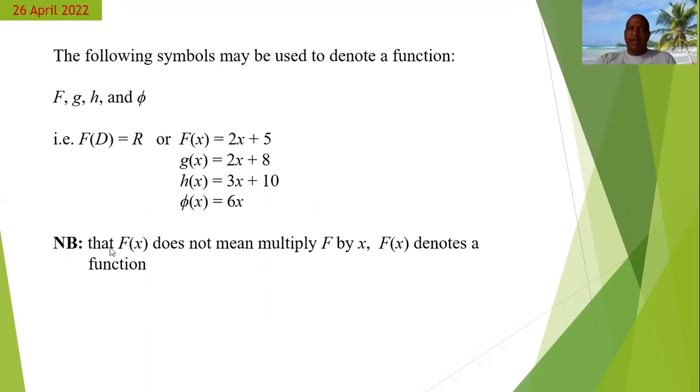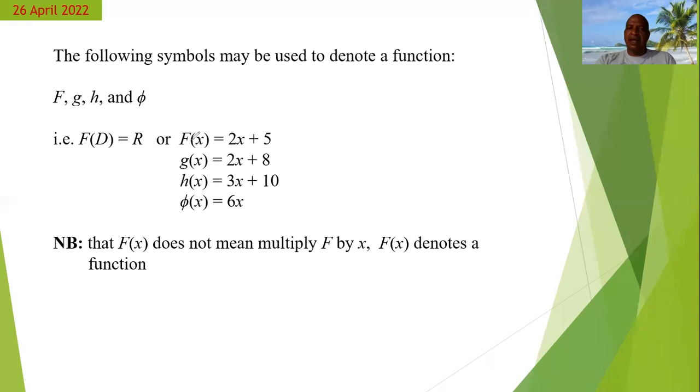Now, note briefly that f of x does not mean that you are multiplying f by x. It is important that you bear this in mind because we have been using brackets when we are multiplying anything outside by anything inside. But it does not mean multiplying here.